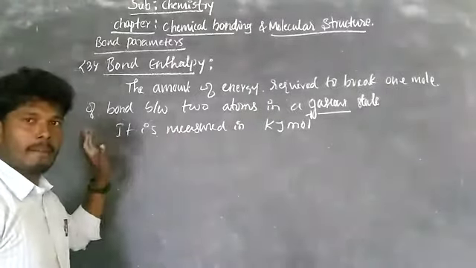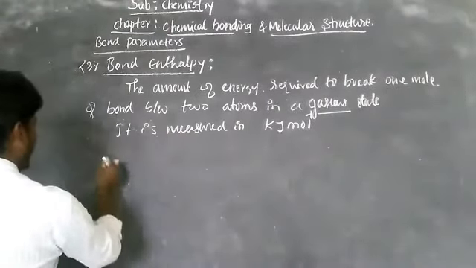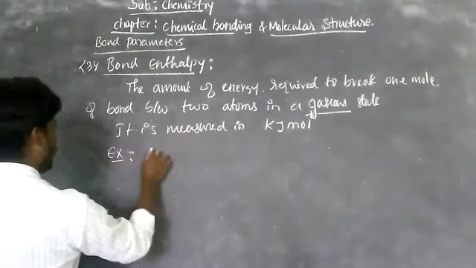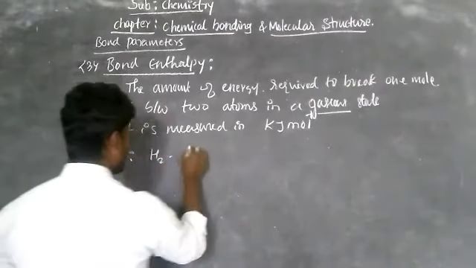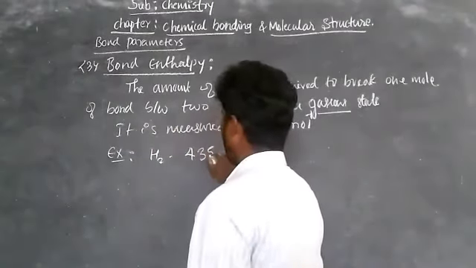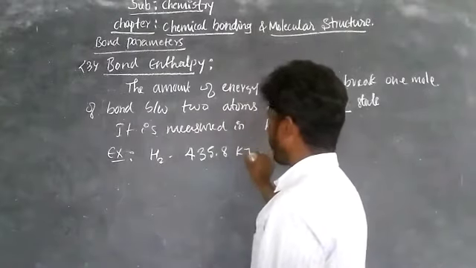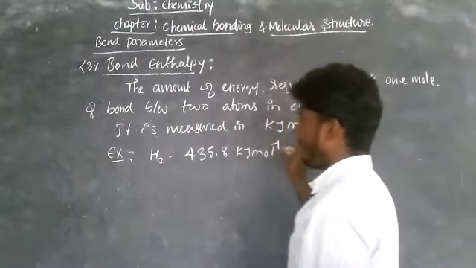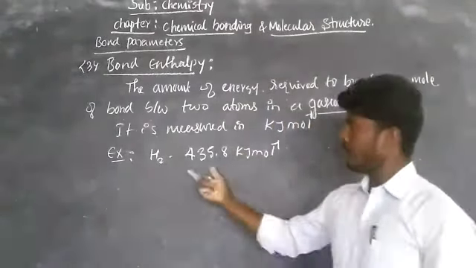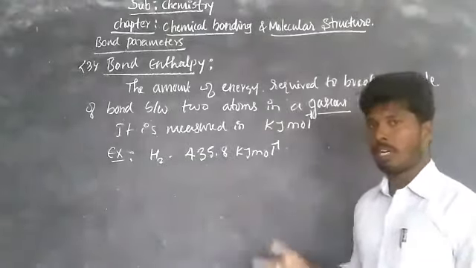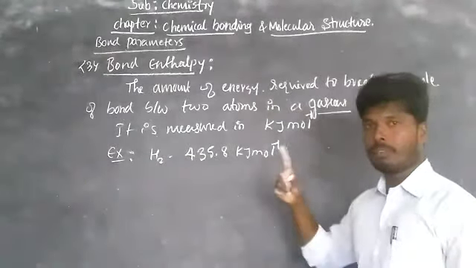For example, the bond enthalpy in a hydrogen molecule is 435.8 kilojoules per mole.